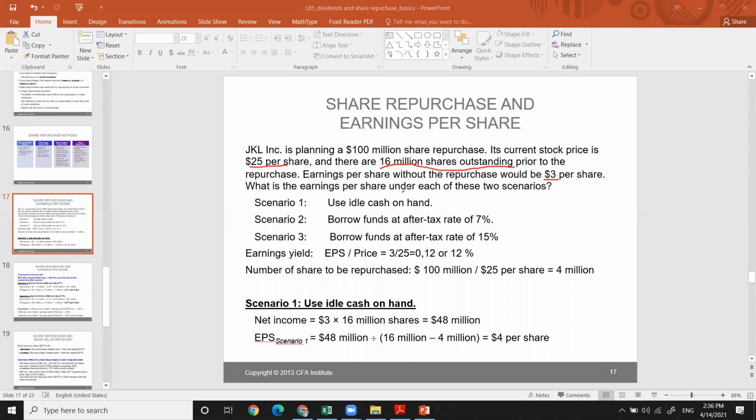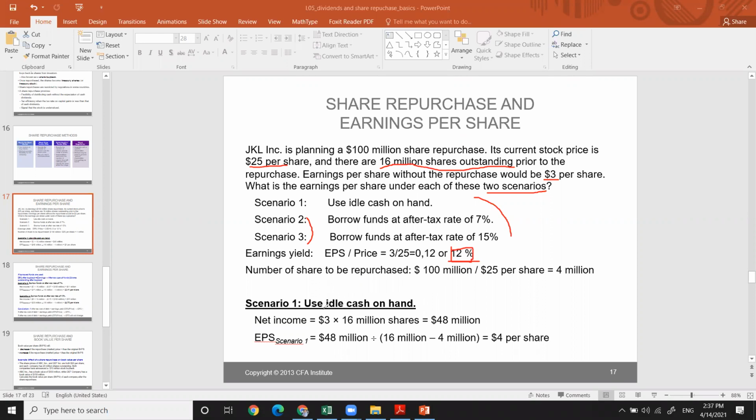What is the earnings per share under each of the two scenarios? We have three different scenarios here, but mainly they relate to borrowing at different interest rates. Earnings yield here is equal to 12%, which is EPS over the price. So we need to compare the earnings yield with the rate in order to see the impact on earnings per share after the buyback.